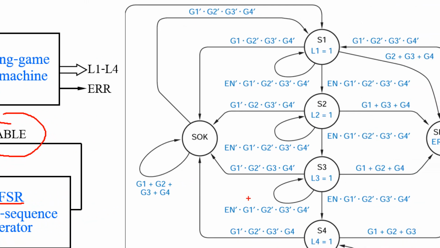This enable signal we add to this state diagram. If enable is 1, go to the next state. If enable is 0, stay at the same state. This one also, if enable is 1, go to the next. If enable is 0, still stay at the same state.